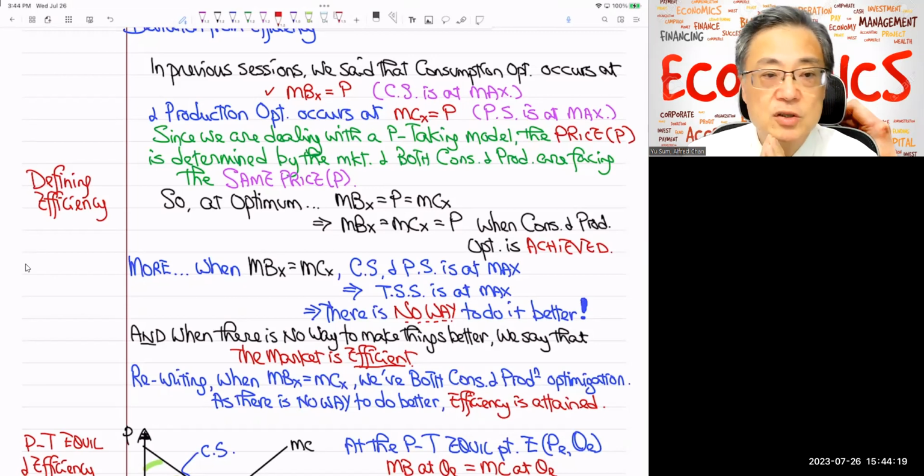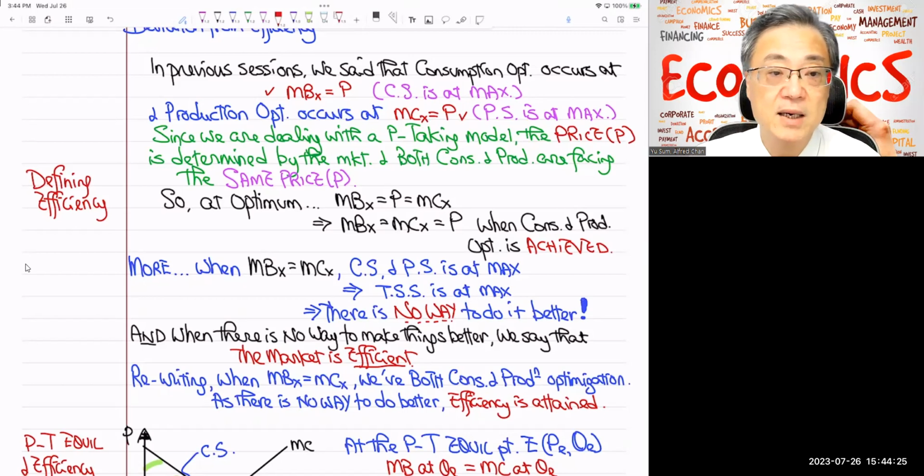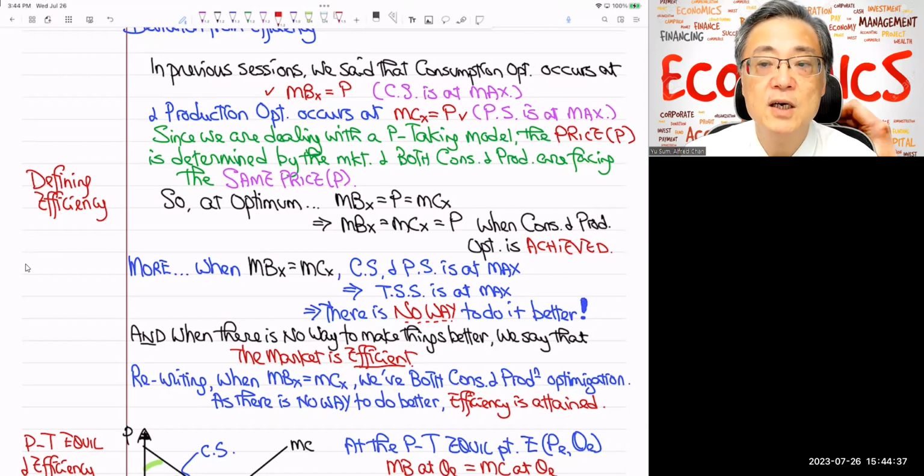And production optimization occurs where MC of X equals the market price, P. Here the producer surplus is at maximum. Once again, if it is at maximum, you cannot further increase the producer surplus.